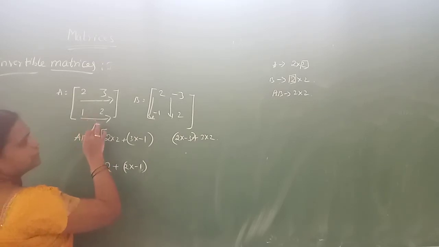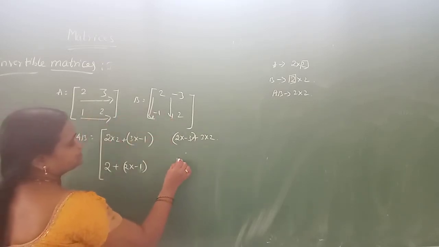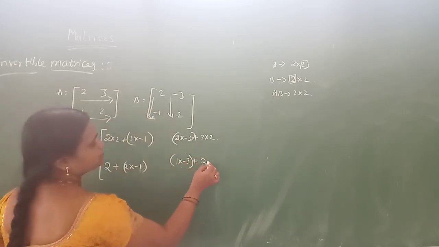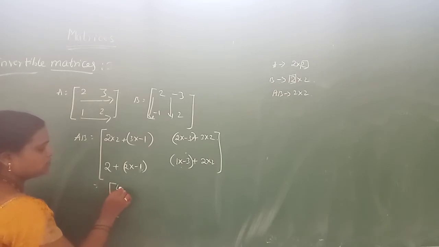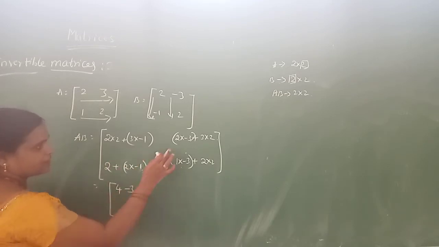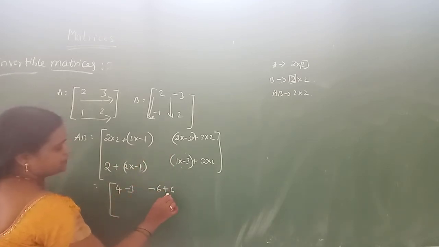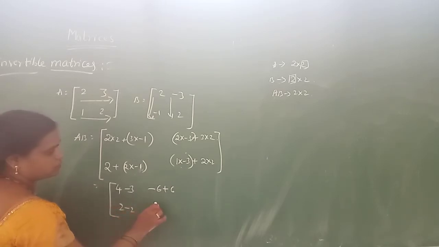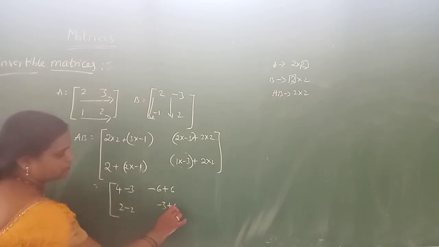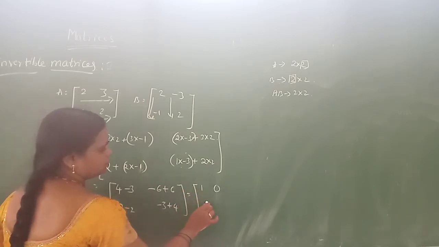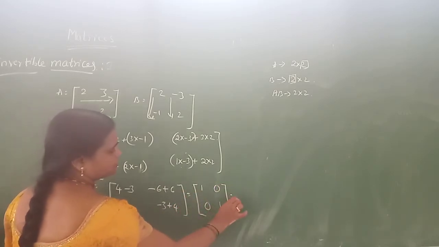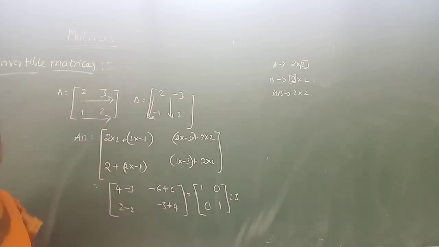Next, second row with second column: 1 into minus 3 plus 2 into 2. We get 4 minus 3, minus 6 plus 6, 2 minus 2, minus 3 plus 4. Means we get [1 0; 0 1], which is nothing but the identity matrix.